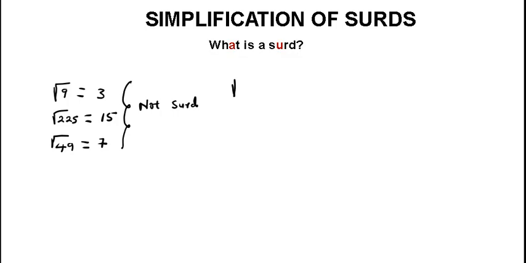Now, let's take a look at this also. Square root of 2. If we take square root of 2, we are going to get 1.41421, and the number continues. If we also take square root of 38, we are going to get 6.1644, the number continues.